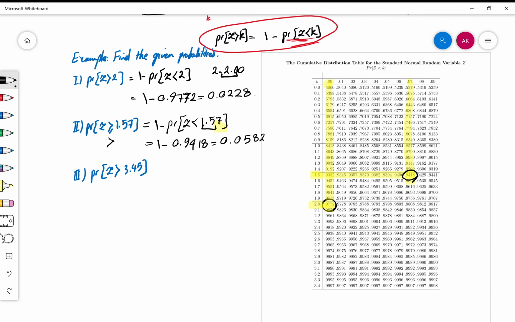And the last one is, again, bigger than a positive number, so you go 1 minus the probability of Z less than 3.45.